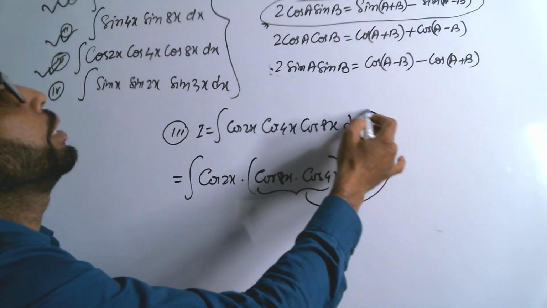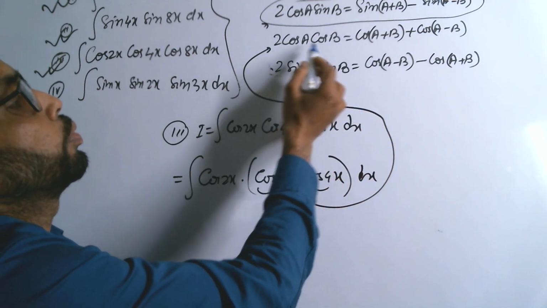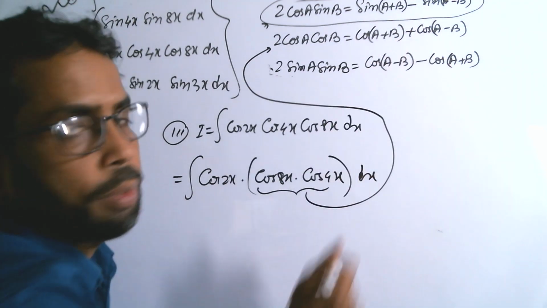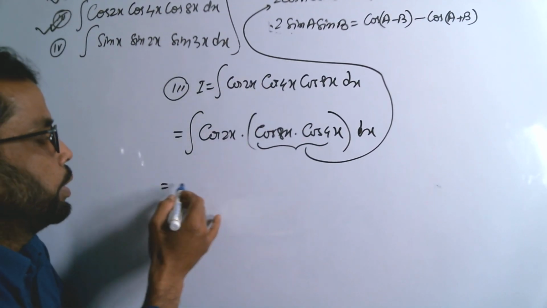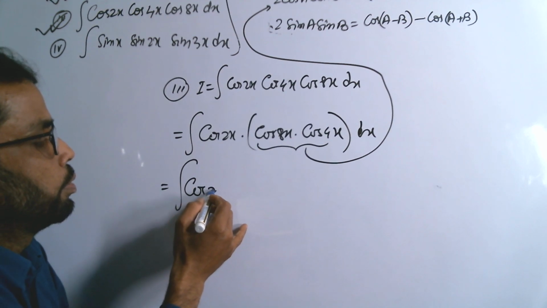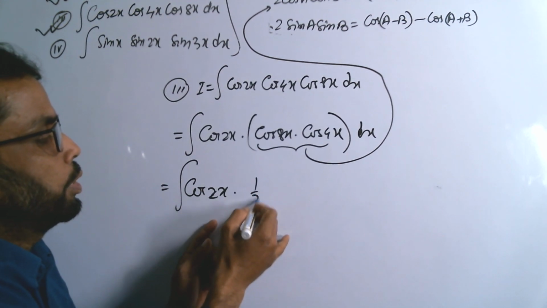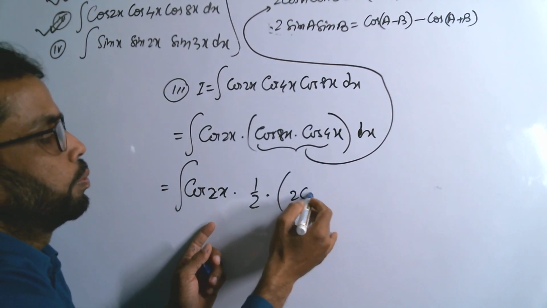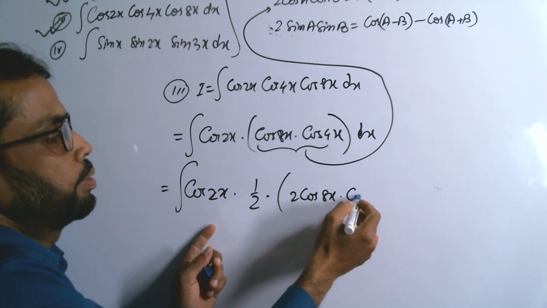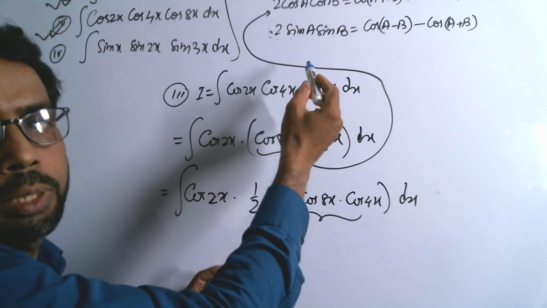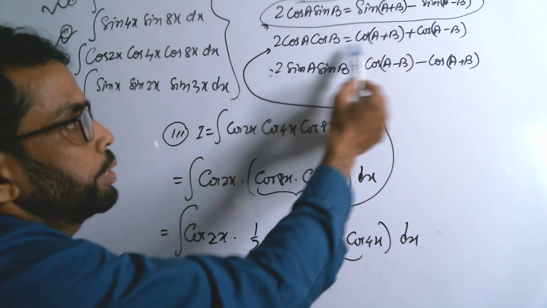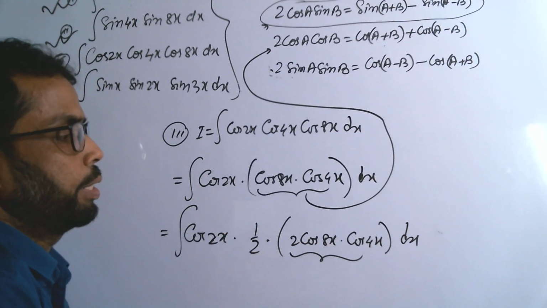The cos identity is this third identity: 2 cos a cos b = cos(a plus b) plus cos(a minus b). But we need 2 there. So 1 by 2 multiplied by 2 cos 8x cos 4x. So 2 cos a cos b is the identity, cos(a plus b) plus cos(a minus b).